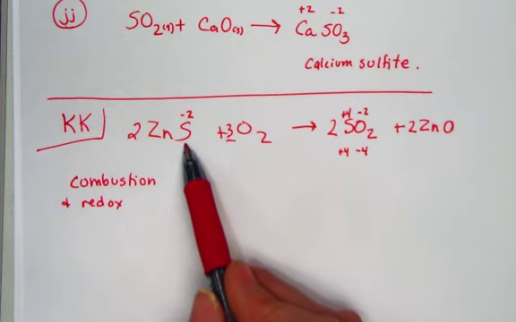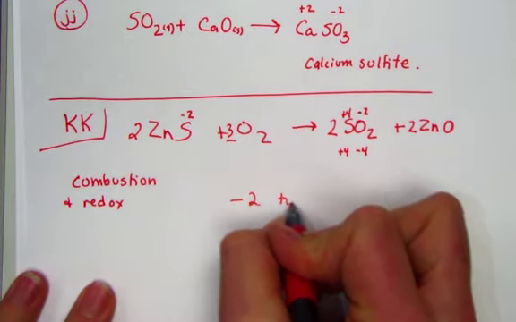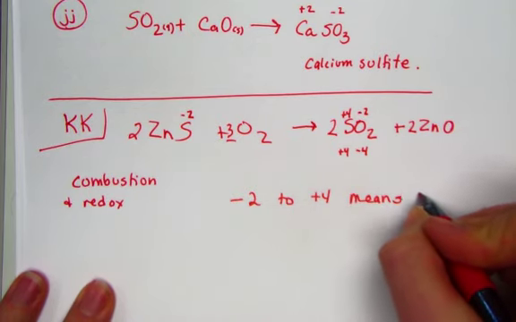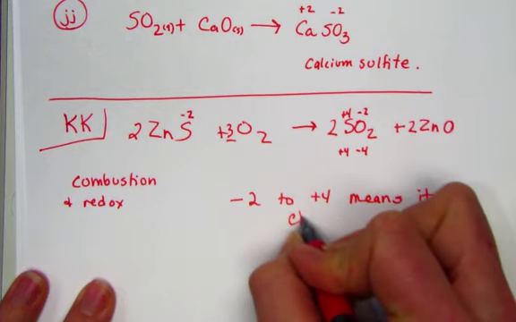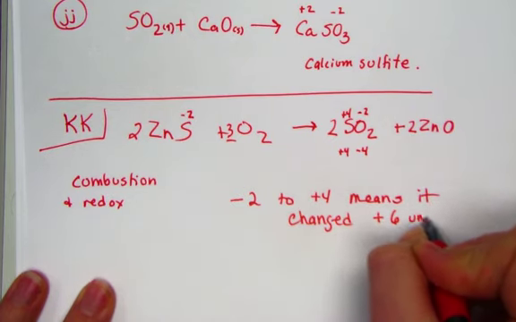Sulfur starting at a -2 and ending up with a +4. So the net change is +6. So going from -2 to a +4 means it changed by 6 units on the number line.